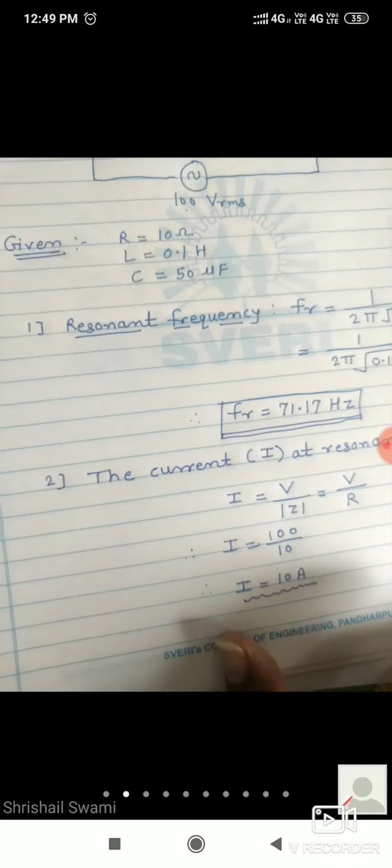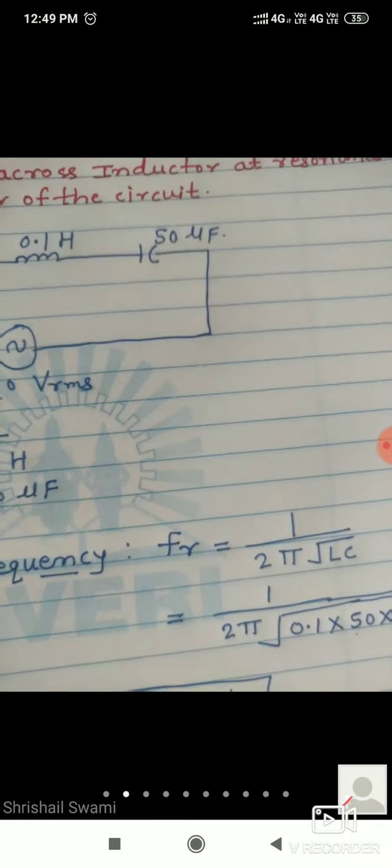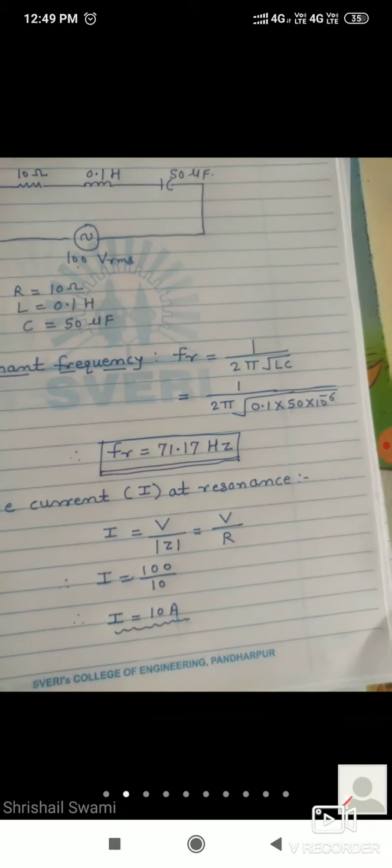Now after this we can easily find the voltage across the inductor. How to find the voltage across the inductor at resonance?